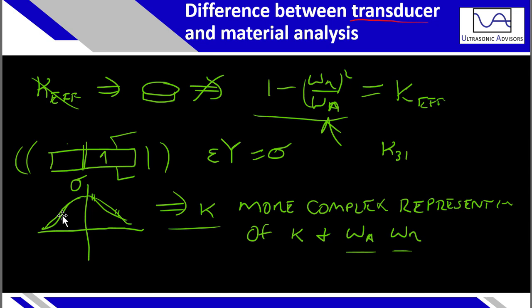So that's the Poisson's ratio at play there, equals d31 squared divided by the permittivity and the compliance, which is the inverse of stiffness here. So you have the coupling factors directly related to material properties.